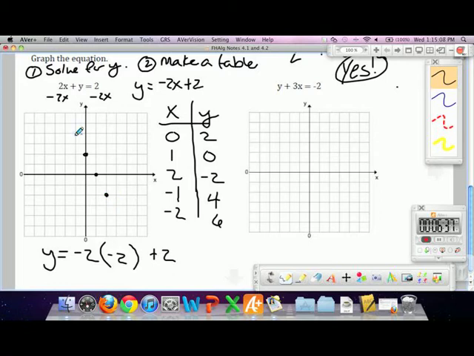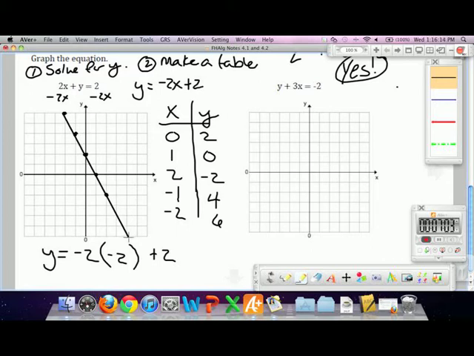Left 2, up 6. Once you have those, I could have chosen any x. I did not restrict the domain. I didn't tell you what the domain was, so you can pick whatever you want. So let's draw a line through those. And voila, a straight line through those points.